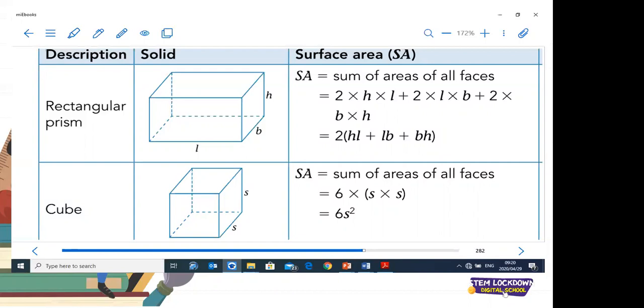And then the cube as well, you can tell that you just multiply the side by the side. Thereafter, you multiply by 6, and it should give you the surface area.